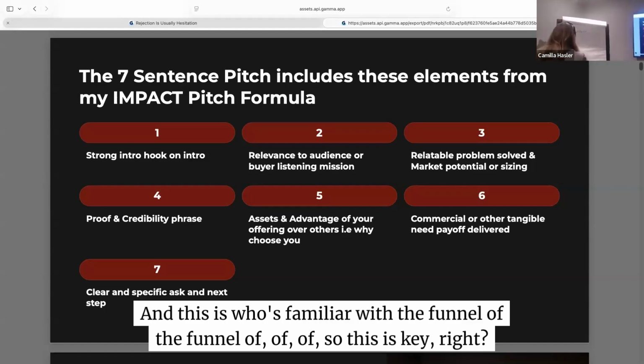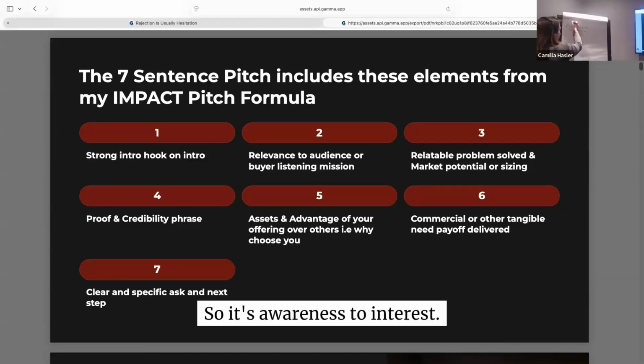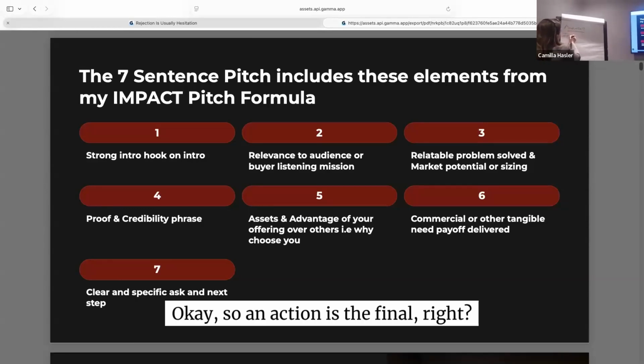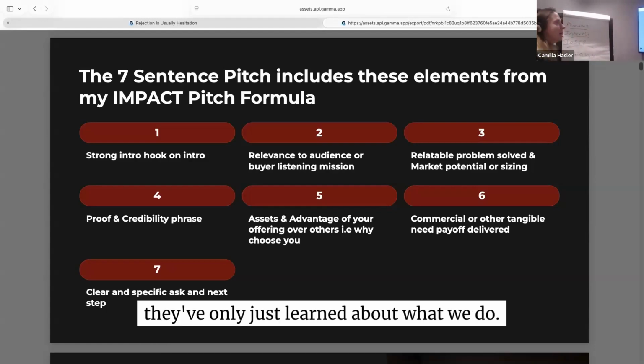So this is awareness. Who's familiar with the funnel? This is key. It's AIDA: awareness to interest to desire to action. Action is the final step. If we've only just presented to our buyer, they've only just learned about what we do.